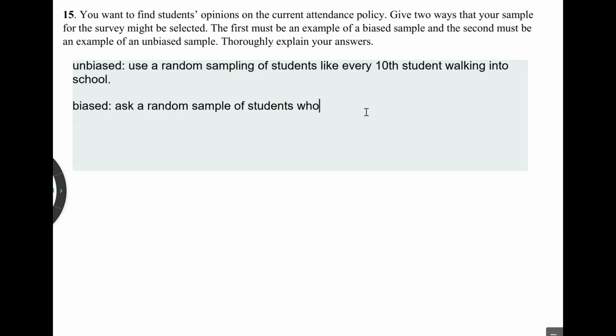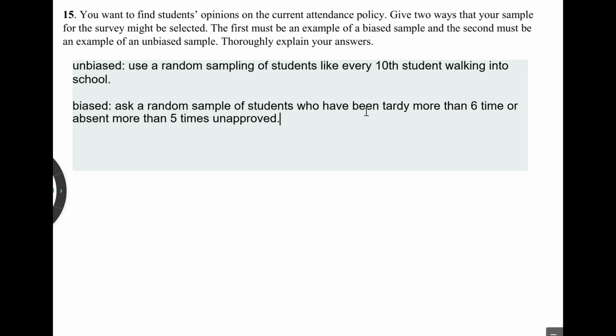All right, ask a random sample of students who have been tardy more than 6 times, or absent more than 5 times unapproved. Because college visits are approved absences, they don't count towards the total. For people who missed a whole week because they had the flu, that just knocks them out. That's not fair.